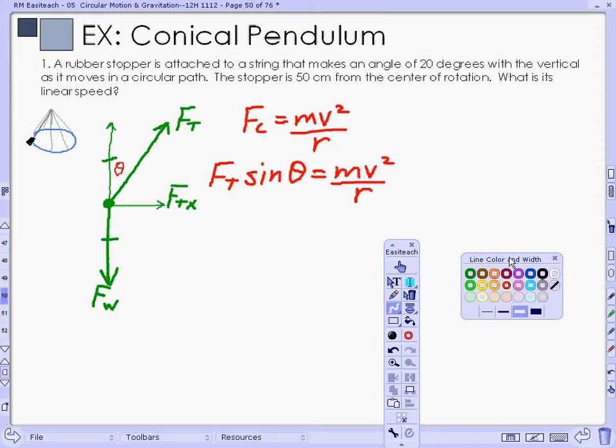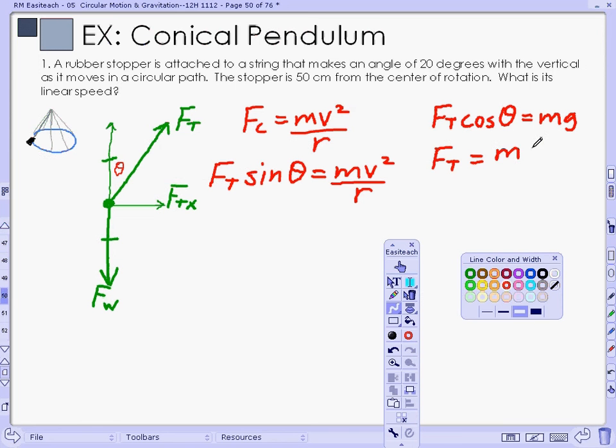So I can solve for F_T in preparation to substitute: mg over cosine theta. I'm just getting ready to sub. Now I can take that F_T and plug it in here. So I end up with mg over cosine theta equals mv squared over r.